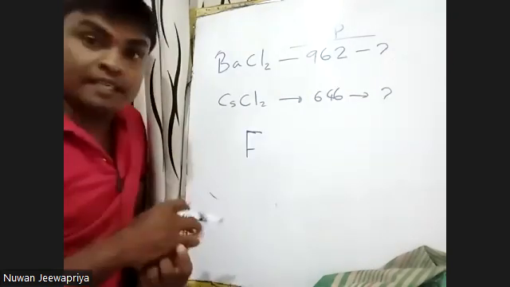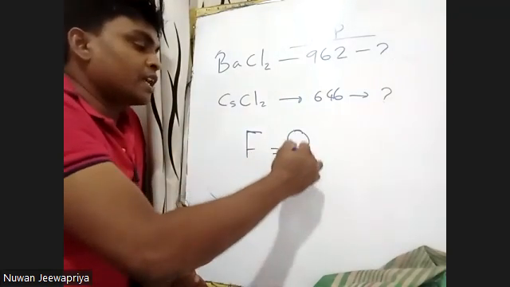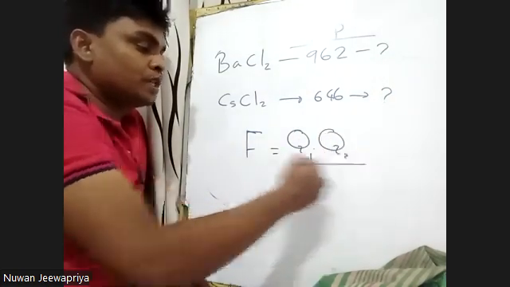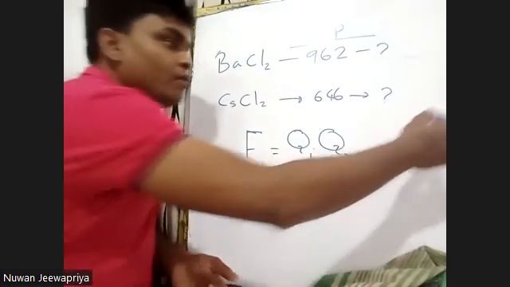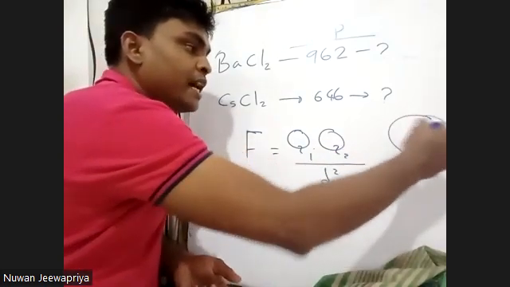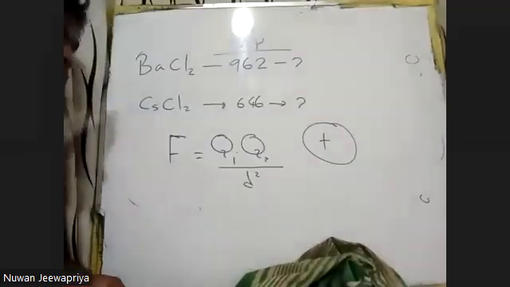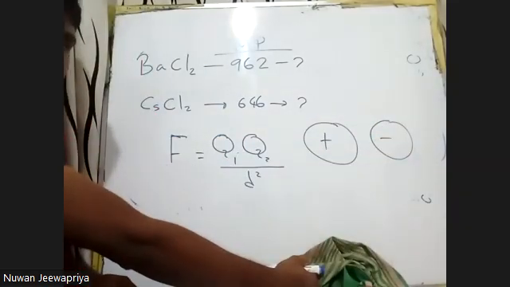Strength of ionic lattice let it to be F. F is equal Q1 into Q2 divided by D to the power 2. Q1 means charge of the cation, right? Q1 is charge of the cation. Q2 means charge of the anion, right?